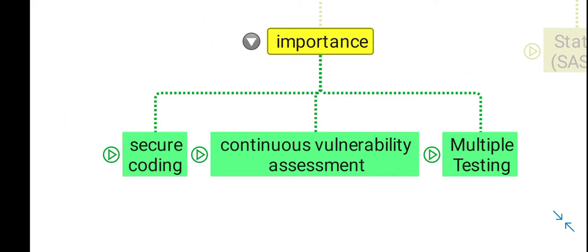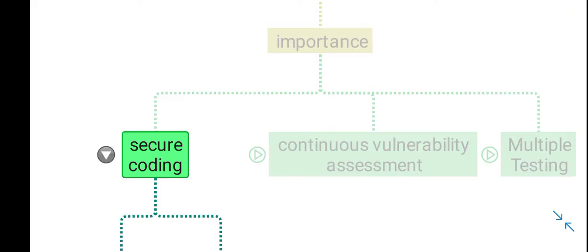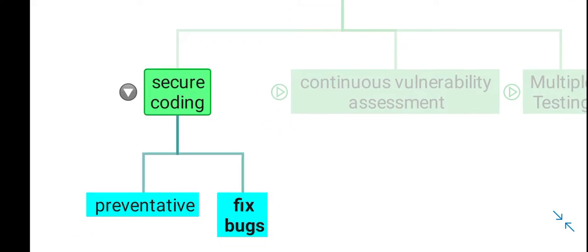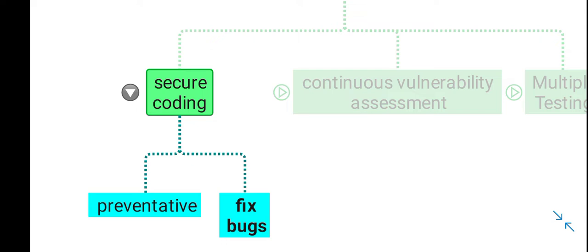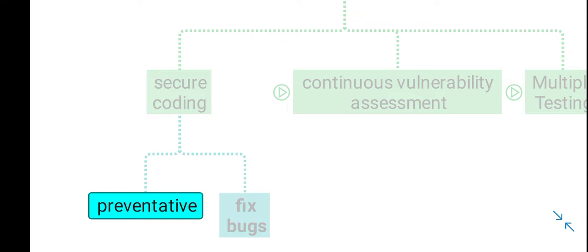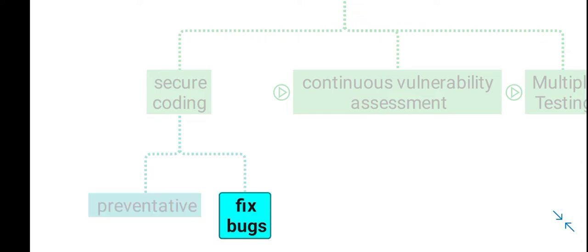Now, once we develop an application, we follow secure coding practices, and this approach is preventive. In this way we can find and fix any application bugs or coding bugs.